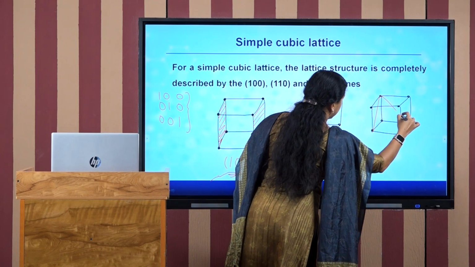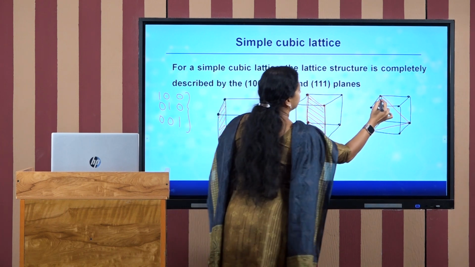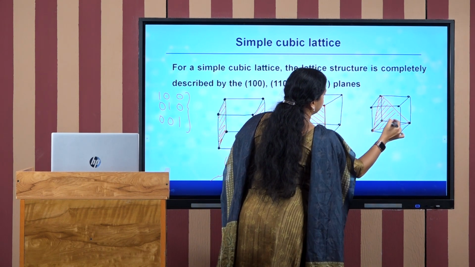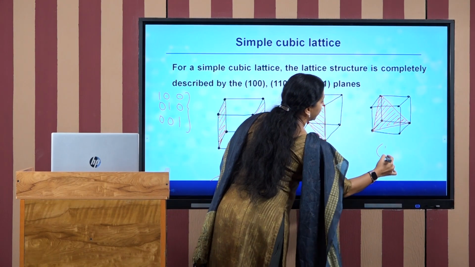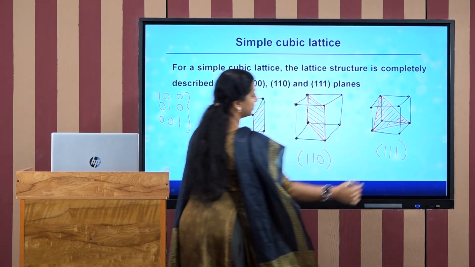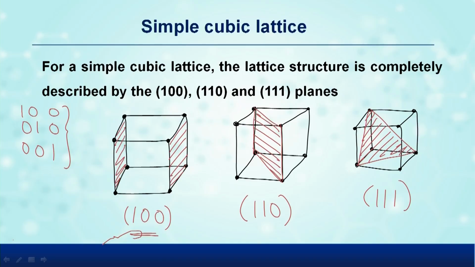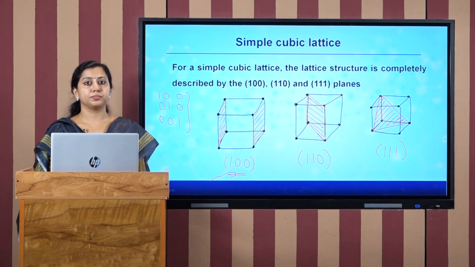So, we may represent a 1 1 1 plane like this. So, this is a 1 1 1 plane. Okay. So, these are the three types of lattice planes seen in a primitive simple cubic lattice. We have 1 0 0, 1 1 0 and 1 1 1 planes.